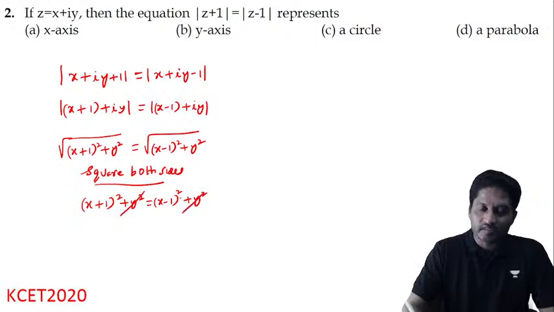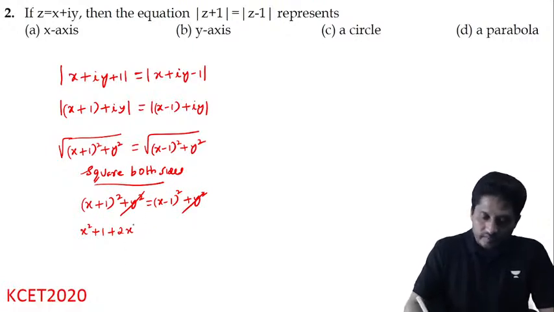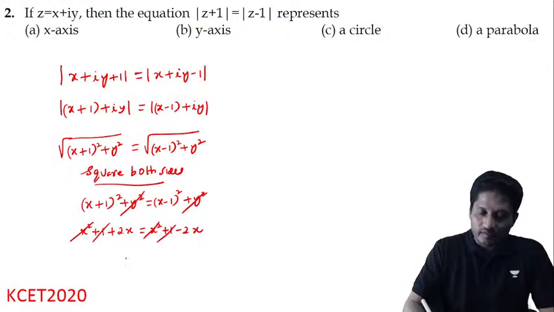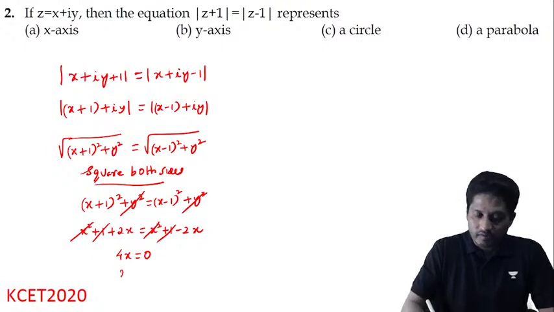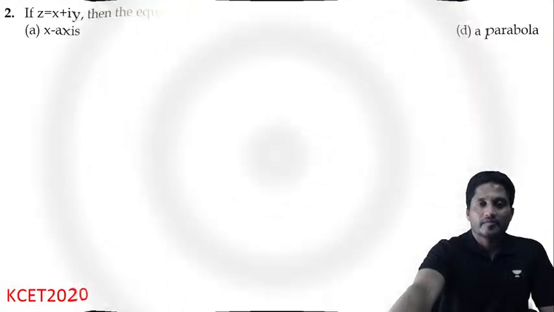A plus b the whole square is a square plus b square plus 2ab, which is 2x, and that's equal to a square plus b square minus 2ab, which is minus 2x. I cancel x square and 1. So 2x is equal to minus 2x means 4x is equal to 0, x is equal to 0. X is equal to 0 is the y-axis, since every point on the y-axis has x equal to 0. Answer is option D. Let's move to the next question.